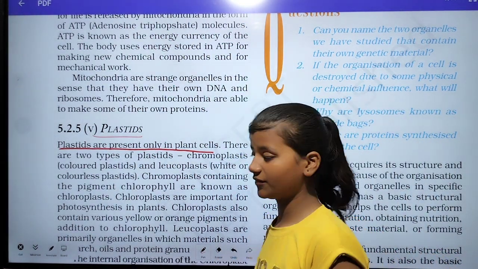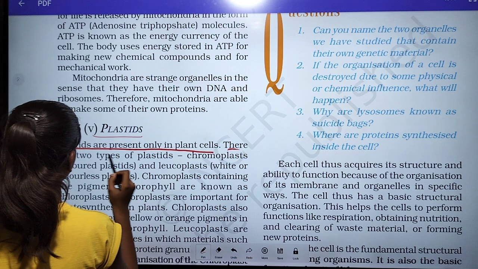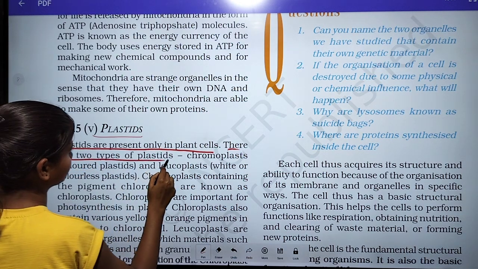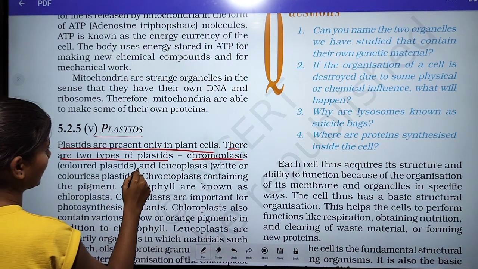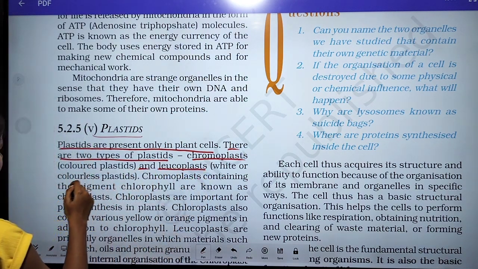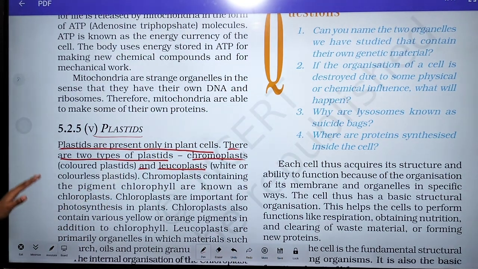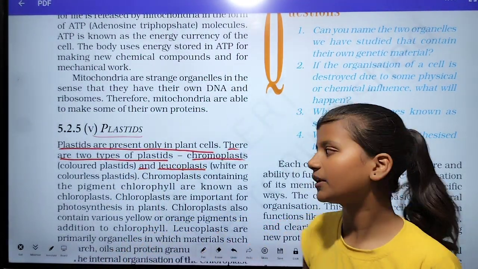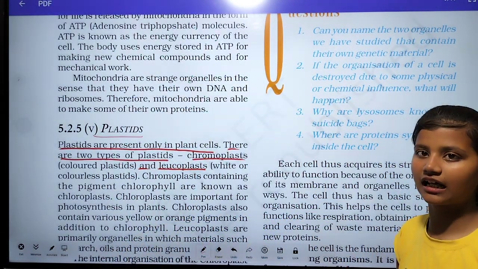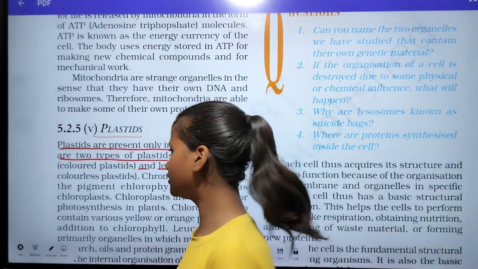It is absent in animal cell. There are two types of plastid: chromoplast and leucoplast. Chromoplast is colored plastid and leucoplast is colorless plastid.